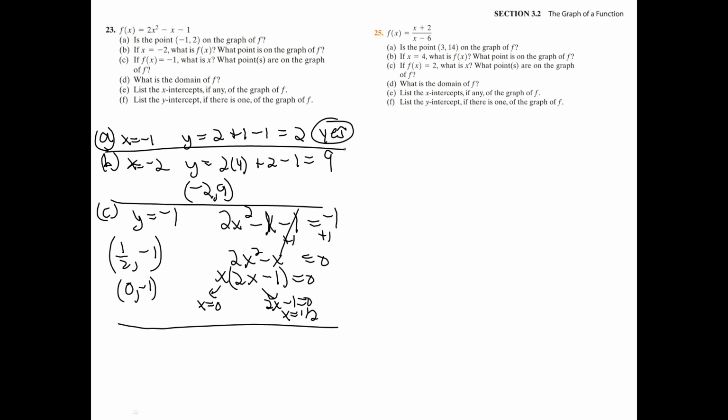Okay, letter D. What's the domain? It's a polynomial, so it's a parabola even, so all real numbers. List the x-intercepts, if any. That's when y is equal to 0. If x is 0, then y is negative 1.